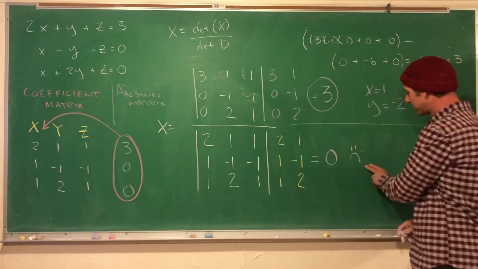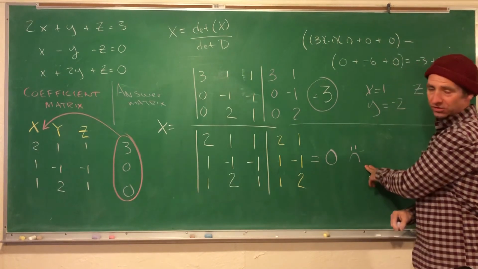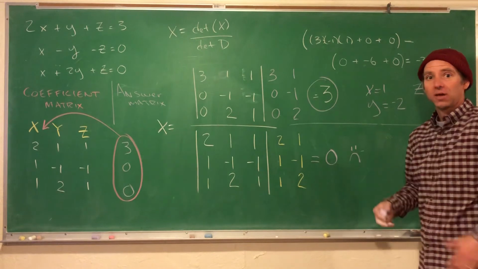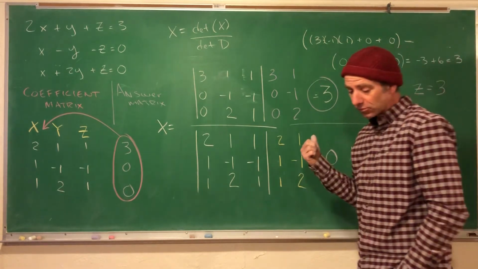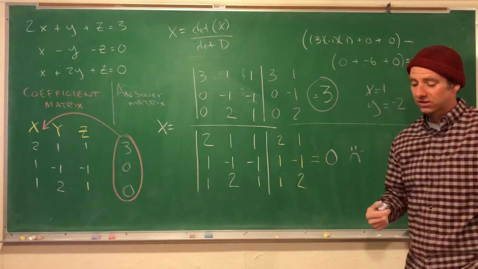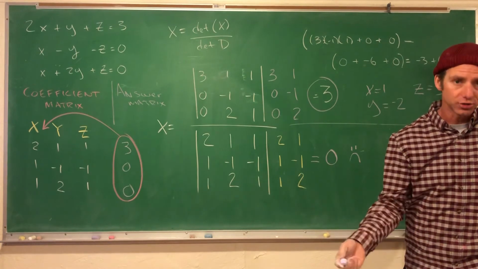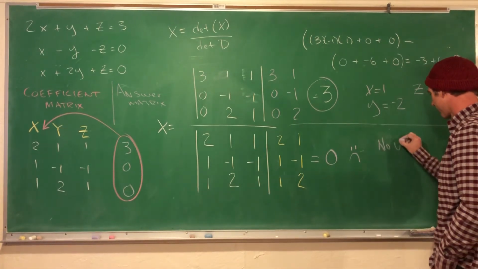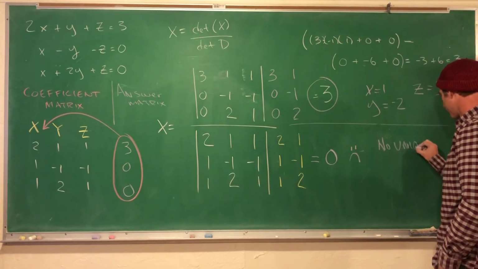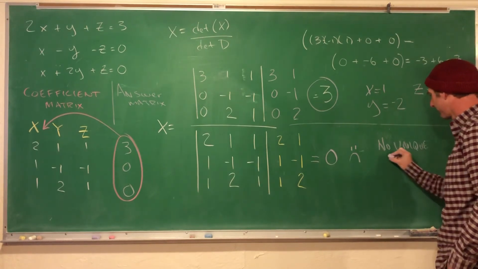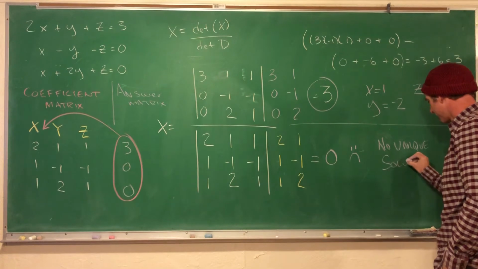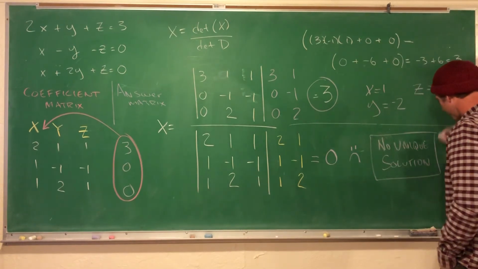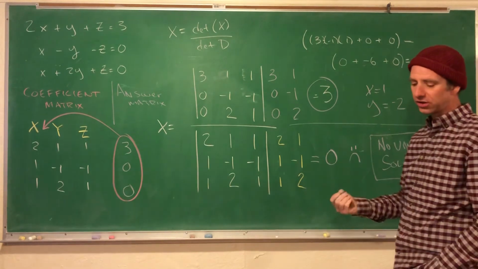You can't have division by 0. So that means it's telling us something. It means it's undefined. But what it really means is there's no unique solution.